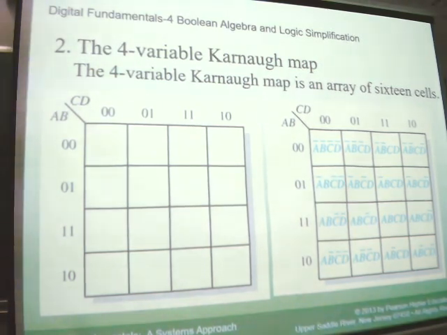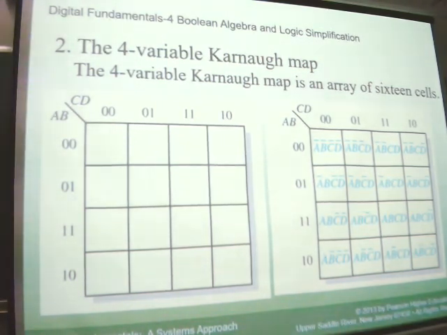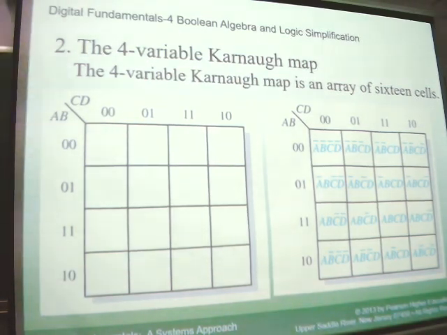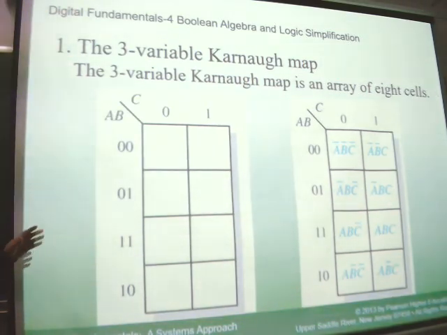No, not this way. For four variables, you can write by yourself, make a try.